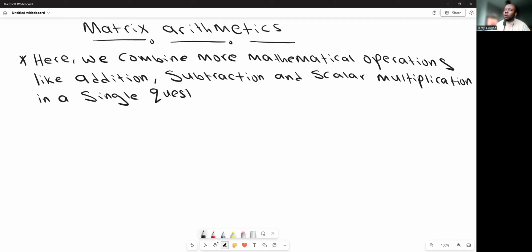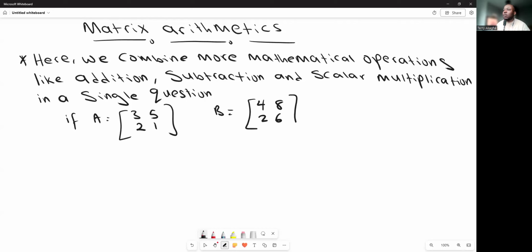So for example, we can be told that if A is equal to 3, 5, 2, 1, and B is equal to 4, 8, 2, 6, you can then be told to find 2A plus 3B minus A, maybe 8A, something like this.